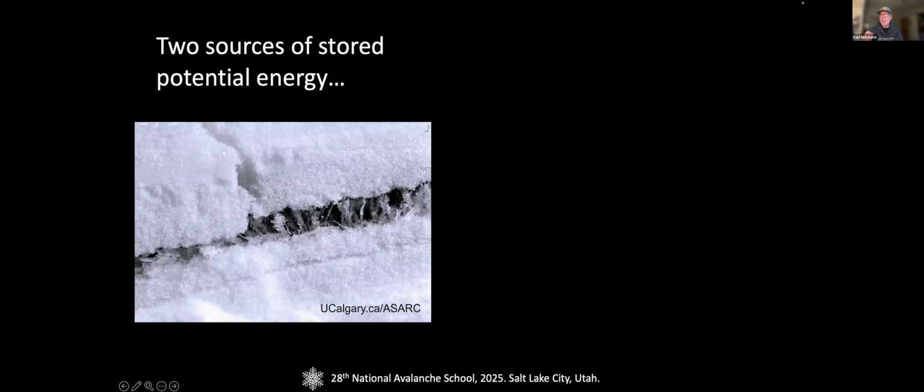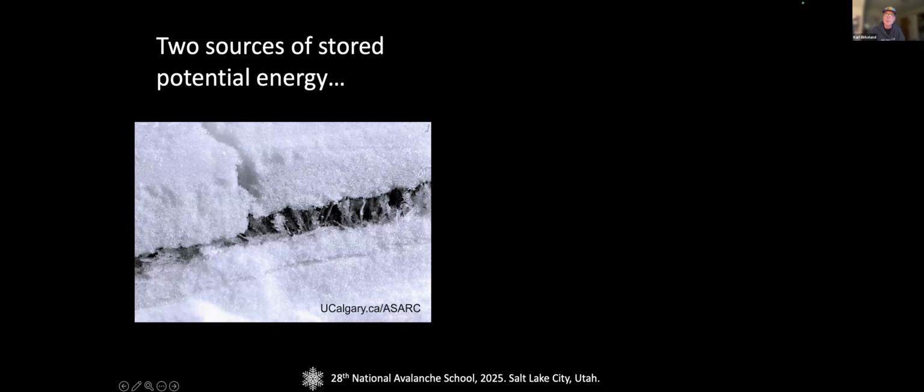In order to have a cascading process, we need to have some sources of stored potential energy. And in the snowpack, we have two of those sources. One is our porous weak layer. So the slab can move downward into that porous weak layer and bend as it does so.